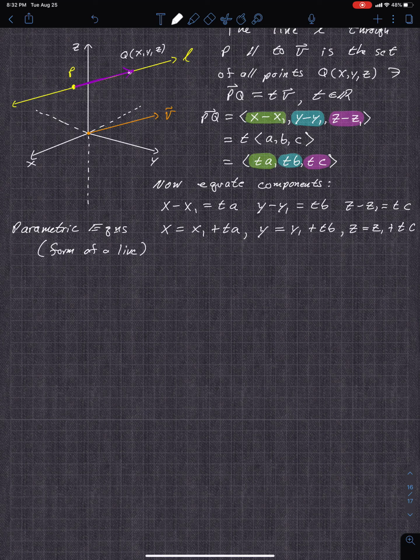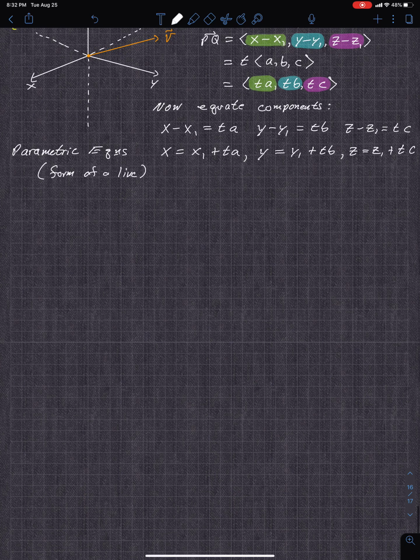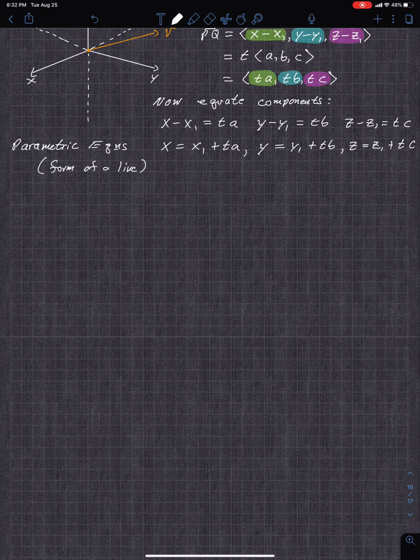All right, so let's look at an example of how to do that. So here's an example. Find parametric equations of a line through the points P1, (1, 2, 1), and P2, which is (-1, 1, -4). Oh, and I almost forgot to write that t is anything, where t is any real number.